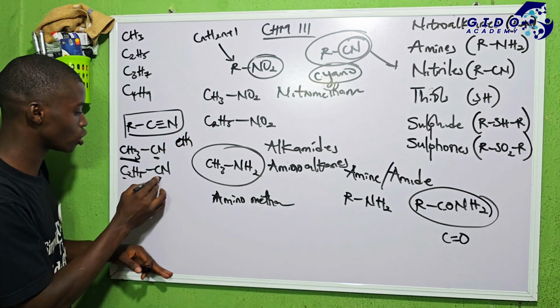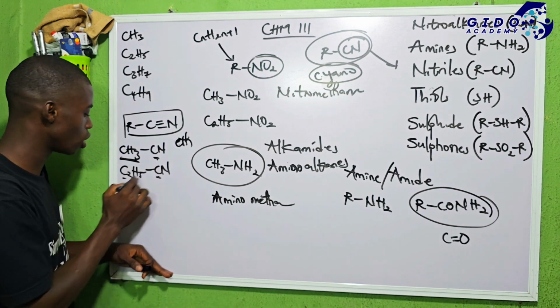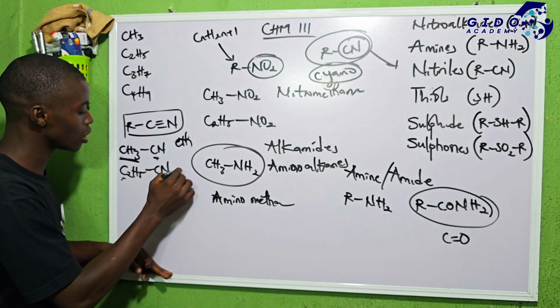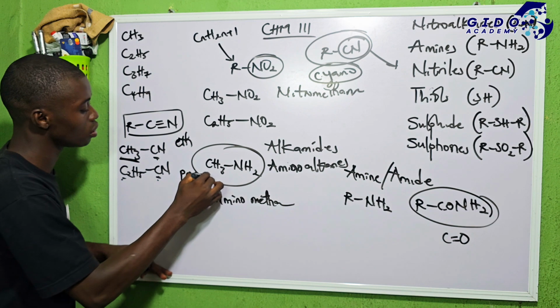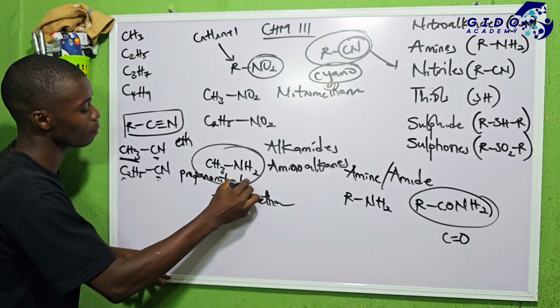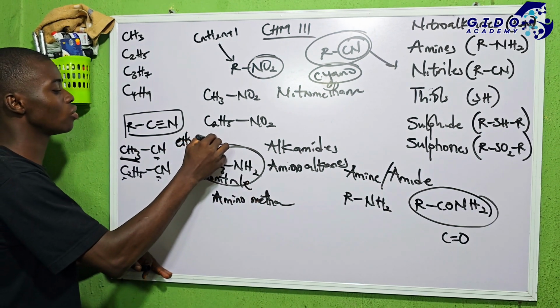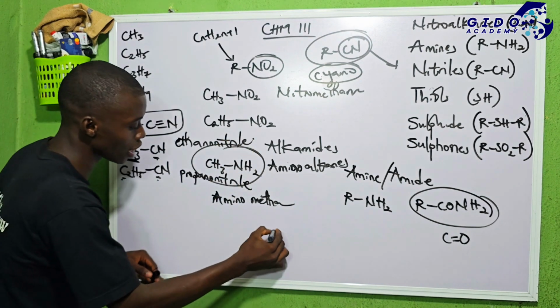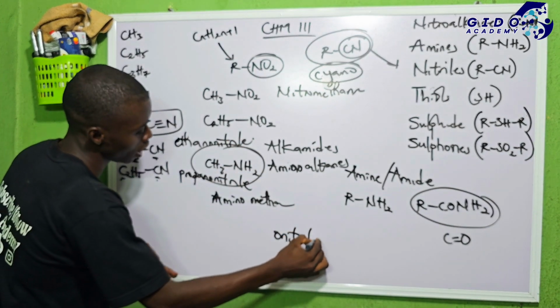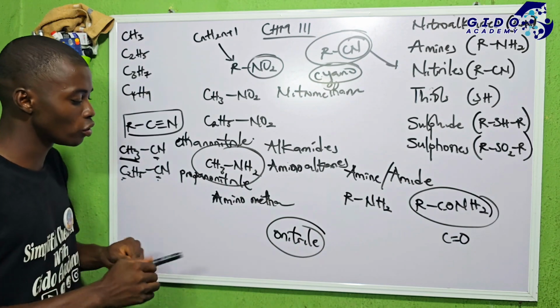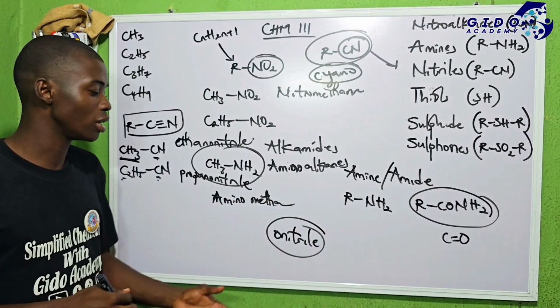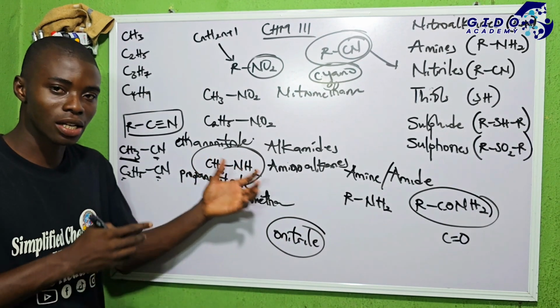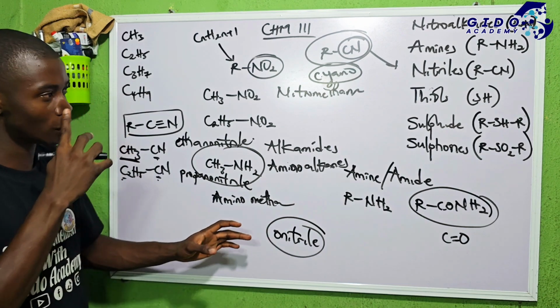Here is 2 carbon atoms, 1 plus 1 from the nitrile, and here is 3 carbon atoms. So here is called propanonitrile, and here is ethanonitrile. All of them have nitrile at the end of the name. So we have propanonitrile, ethanonitrile, butanonitrile, pentanonitrile. That's how all of them look.